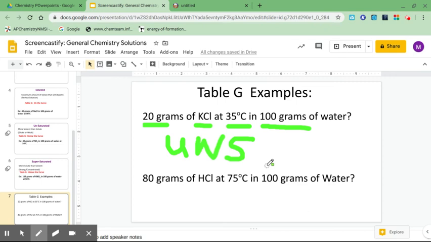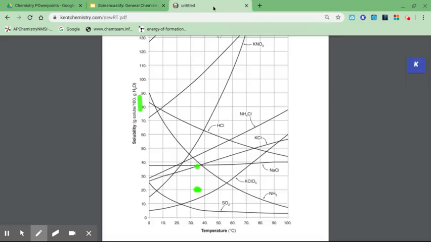Okay, apologize for the writing. In this next example, I'm going to switch to a red color. And here I have 100 grams of water, again normal, 75 degrees Celsius, HCl, but I have 80 grams. So first thing is I have 100 grams of water.